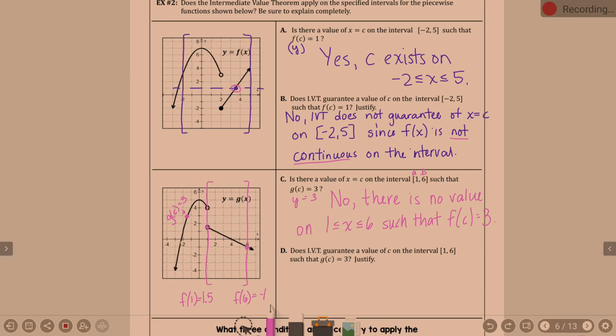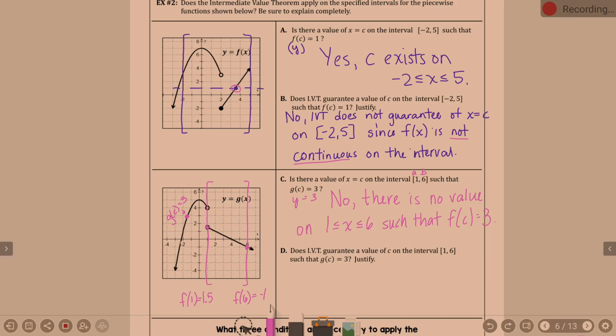So continuity passed this time. The key is that 3 is not in the range between -1 and 1.5. That's the catch this time. Or here's my thing: if there's not a point there, it can't guarantee a value because there is no value. So how would it guarantee a value? Well, this is if we don't have the graph to look at and we just have the information.